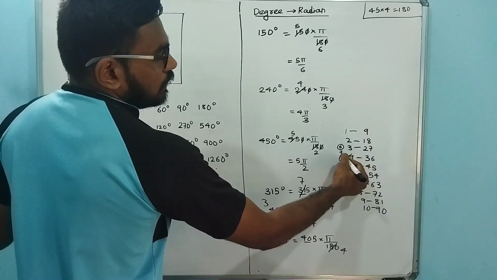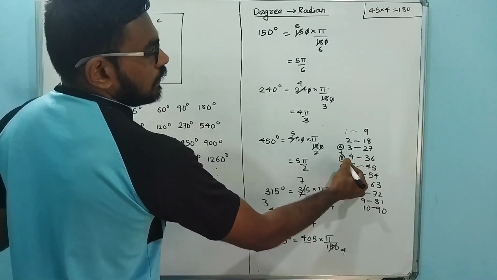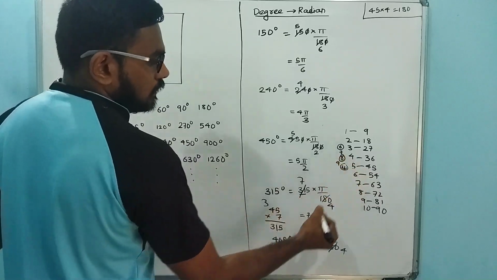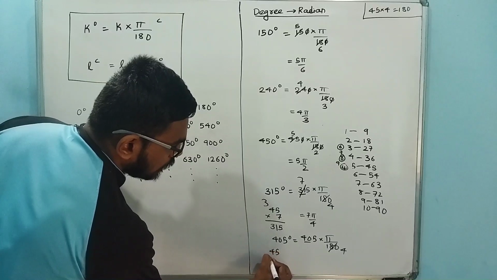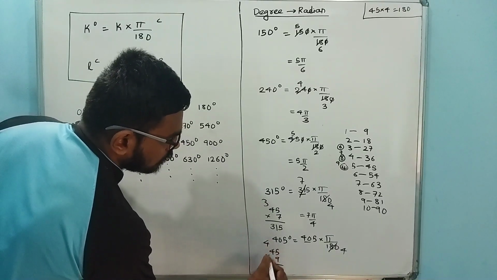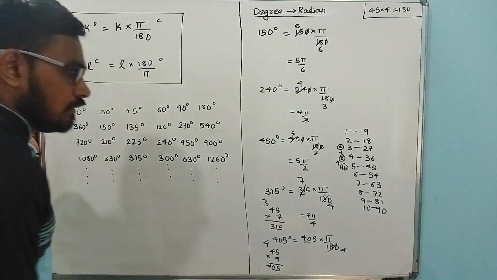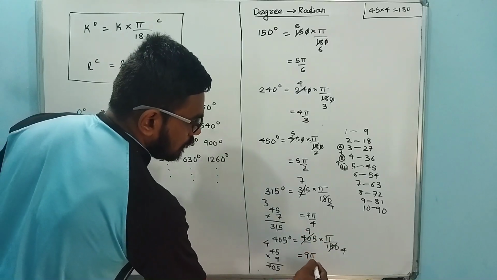So this is 8. This is 4 and 5. Double of 4 is 8. Double of 5 is 10. Okay, and the number between 8 and 10 is 9. So this will be 45 into 9. You can check. 45 into 9. Okay, so 9 pi by 4.